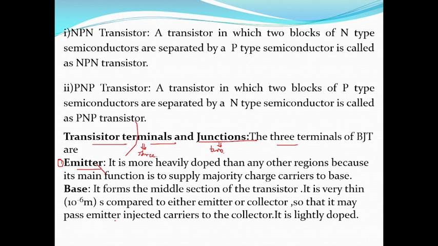What is the function of the base? The carriers coming from the emitter to the base should be sent to the collector. So the main function of the base is to receive charge carriers from the emitter and send them to the collector.